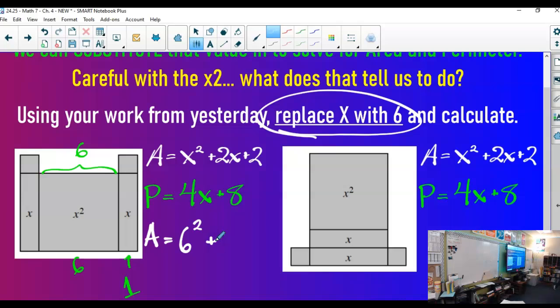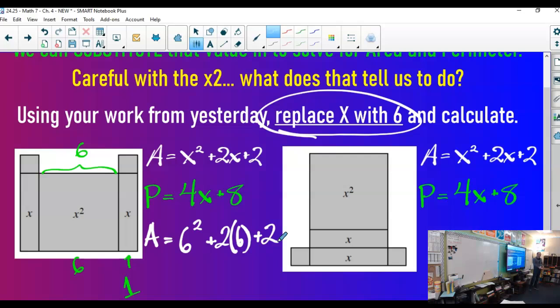Plus, instead of 2x, what are we gonna write? 2, not just 2 6, because that would look like 26. Yeah, 2 times 6, or somebody already shouted out 12, plus 2 stays plus 2.